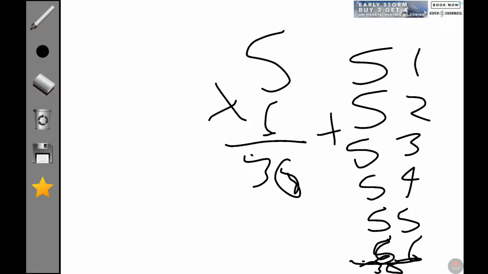And you're basically just adding, which is basically multiplying into adding. So that will equal 30. 5 times 6 equals 30.